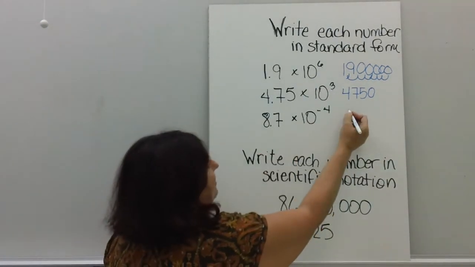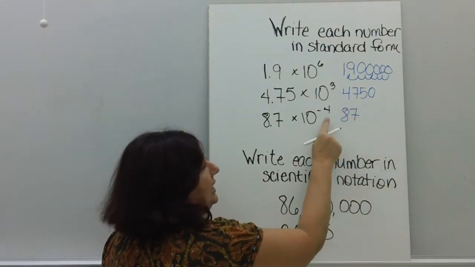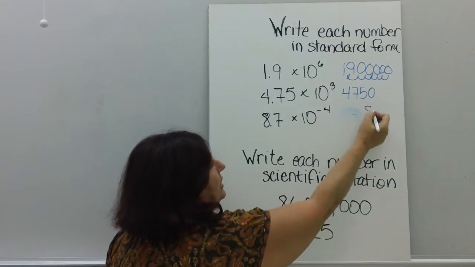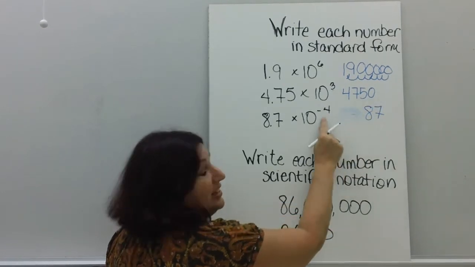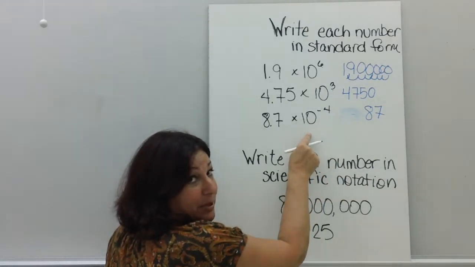If I have 8.7 and now I have negative 10 to the negative 4, what that means is when I have a negative exponent, this is a decimal number.